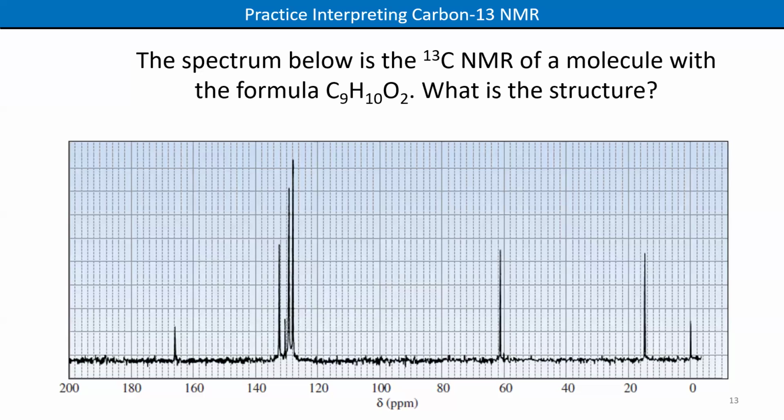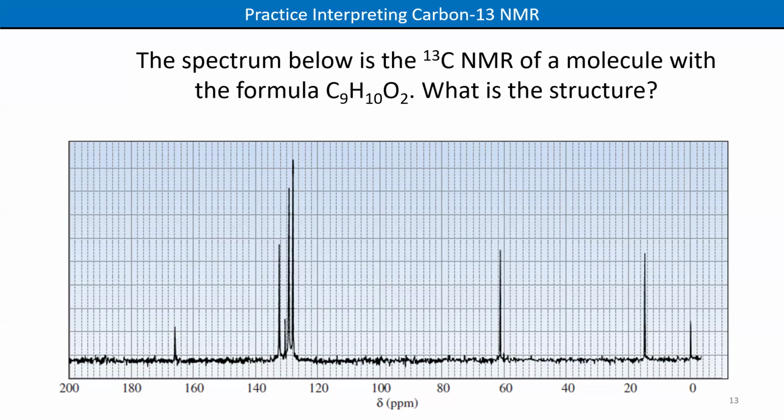Except that this one's in that 60 range, which is an sp3 carbon directly attached to an oxygen. That's a clue that maybe we have an ester, because here we don't have any sp3 carbons directly attached to an oxygen.